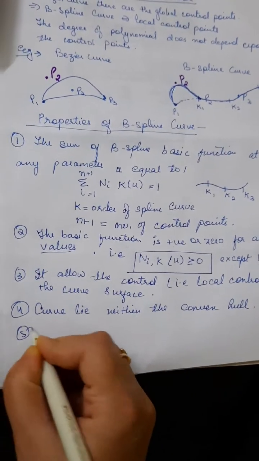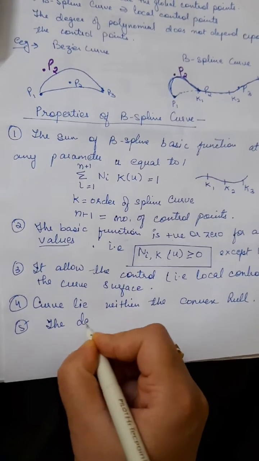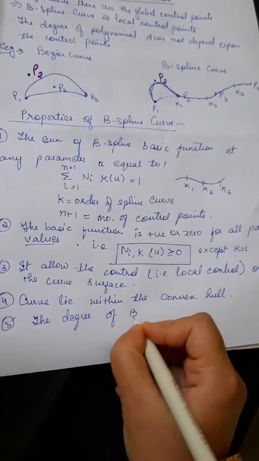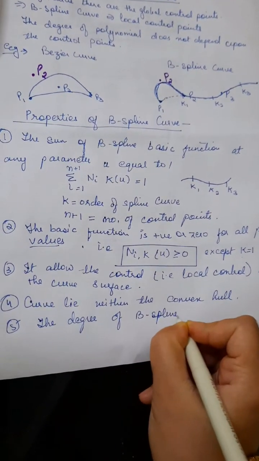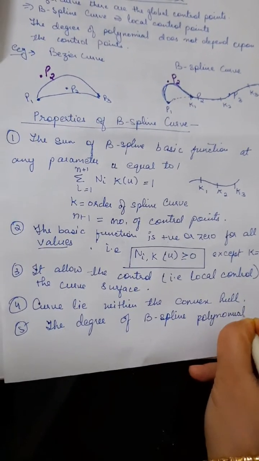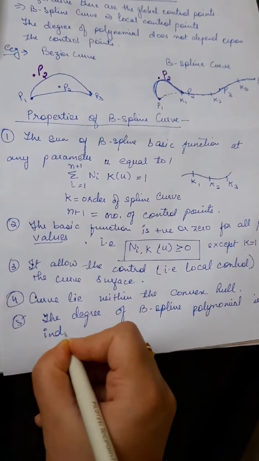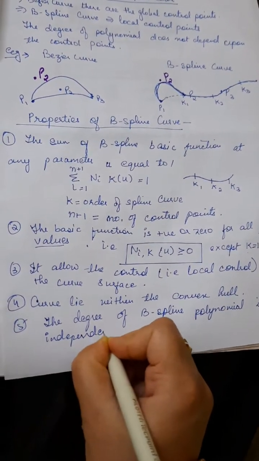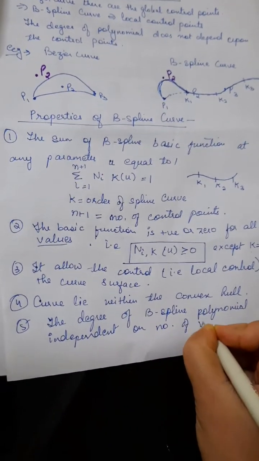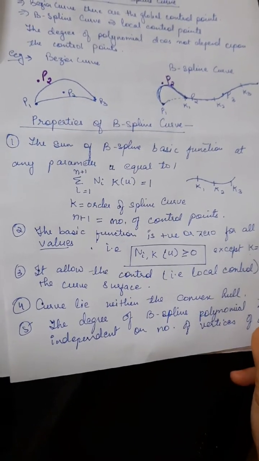Now the fifth point says that the maximum degree of the B-spline polynomial is independent of the number of vertices of the defining polygon.